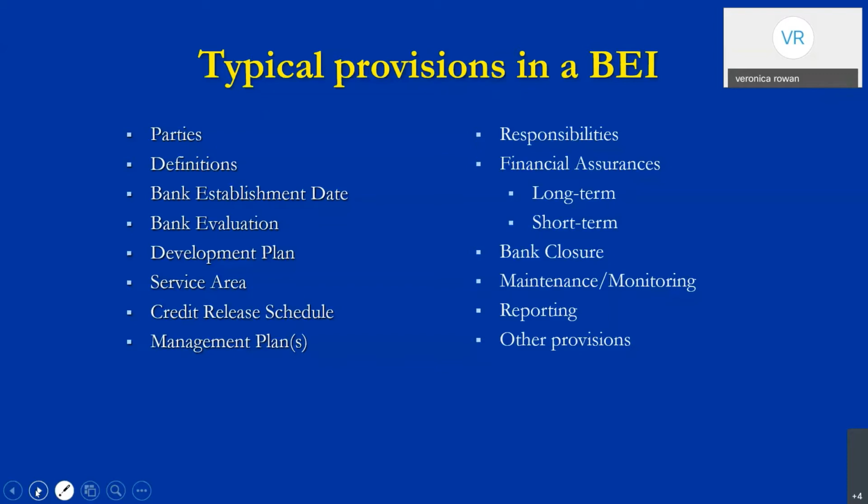Any changes to templates generally prompt an additional review, especially by legal, and sometimes the provisions of a template may not apply to a particular bank.